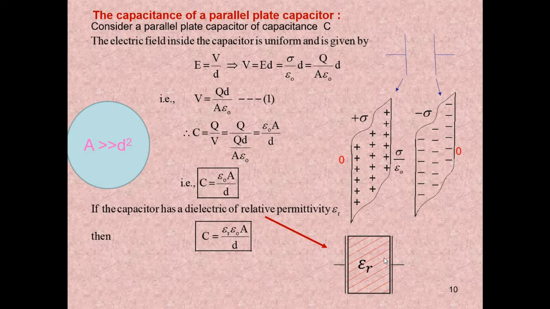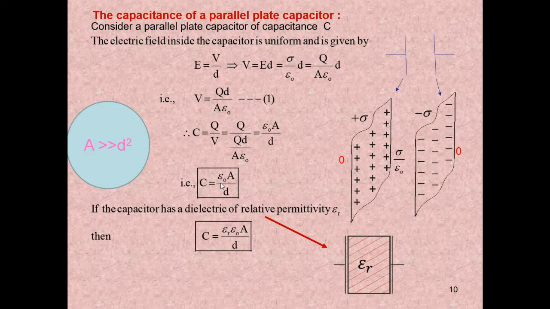See this way. This is a capacitor without dielectric. This is a capacitor with dielectric. Dielectric means an insulator. It is shown in the form of a slab. This is relative permittivity epsilon r.